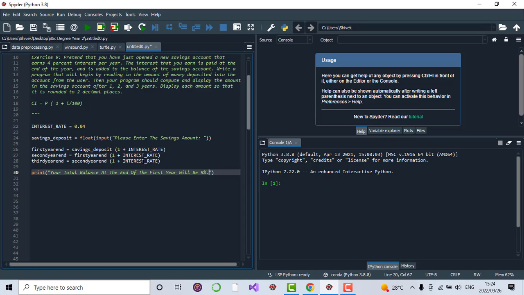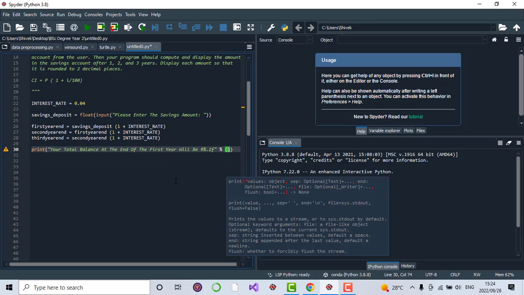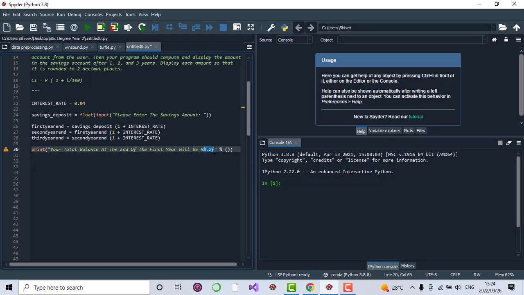We do a percentage dot 2f, and then we need to provide values for the placeholder. As you know, this is called a float placeholder, which means since we've reserved a place inside the string using a placeholder, Python thereafter expects us to provide a value that's going to be passed to that placeholder.